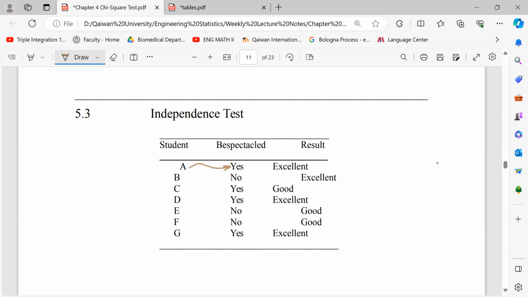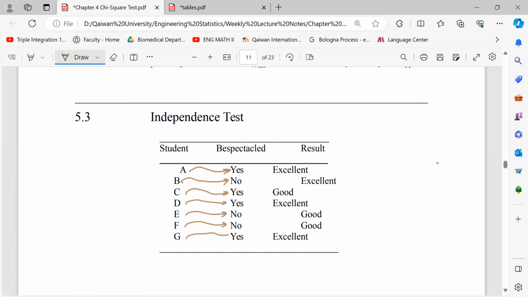Student A wears glasses. Student B doesn't wear glasses. Student C wears glasses. D wears glasses. E doesn't wear glasses. F doesn't wear glasses. And G wears glasses.